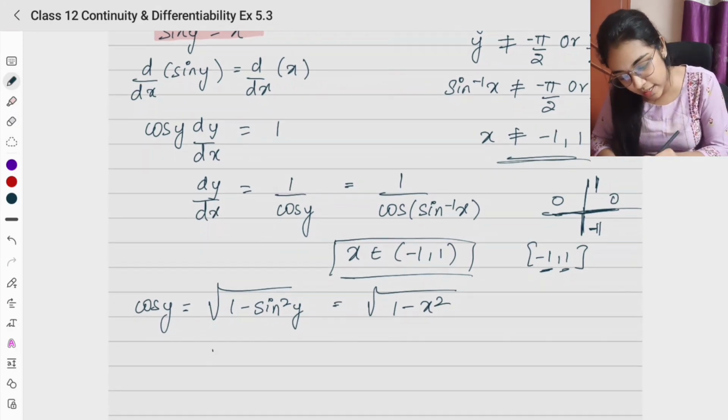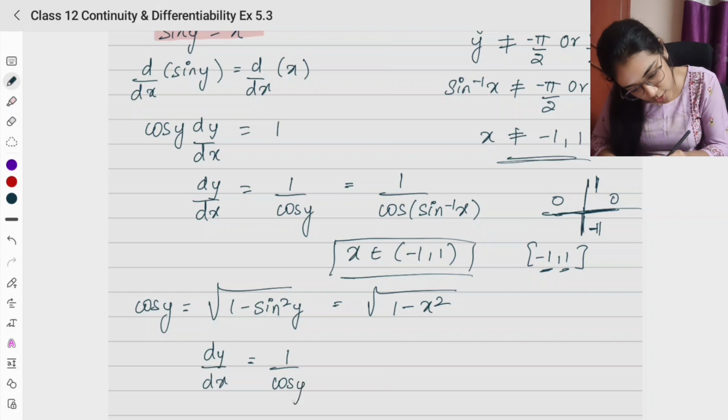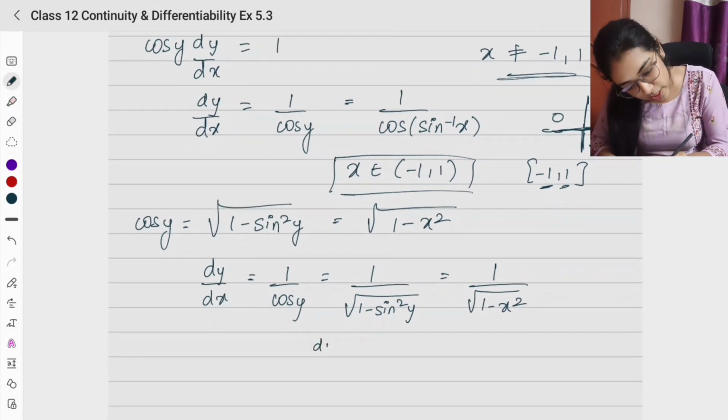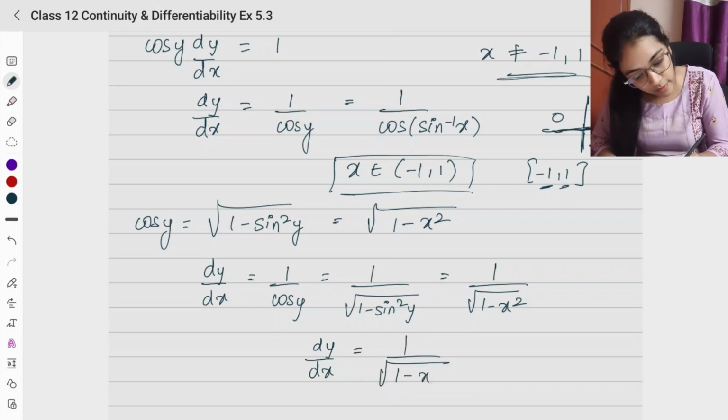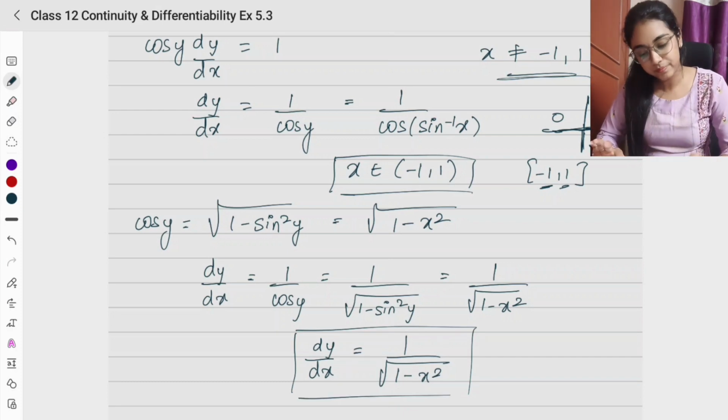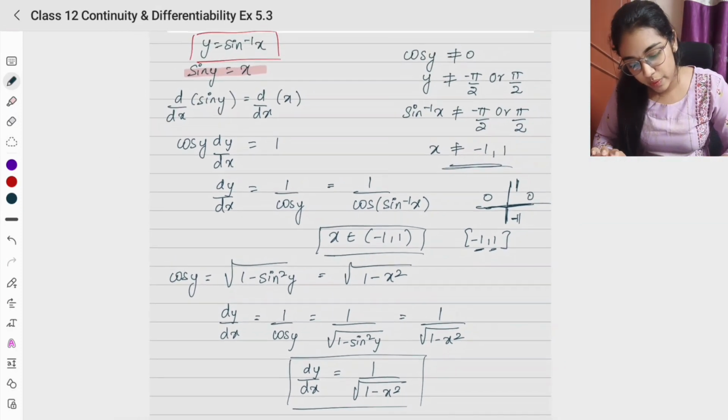So how can we write this? dy by dx is equal to 1 by cos y, which is going to be 1 divided by square root of 1 minus sin square y, which is equal to 1 divided by square root of 1 minus x square. So your final answer can also be written like this. So dy by dx is equal to 1 divided by square root of 1 minus x square. Okay, so this is my final answer. You can write it however you want.